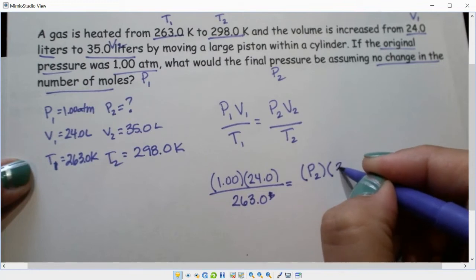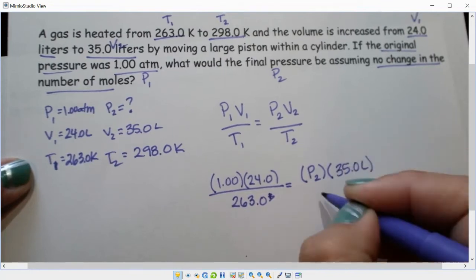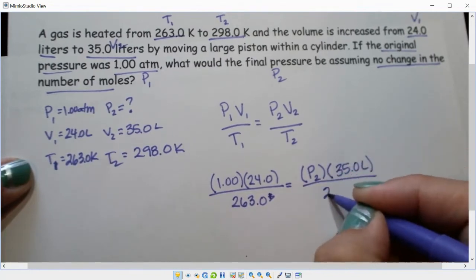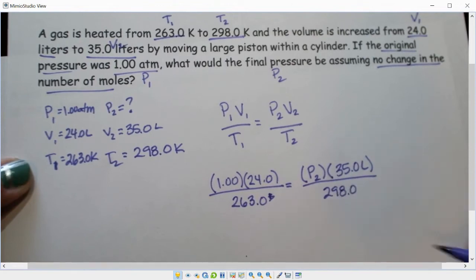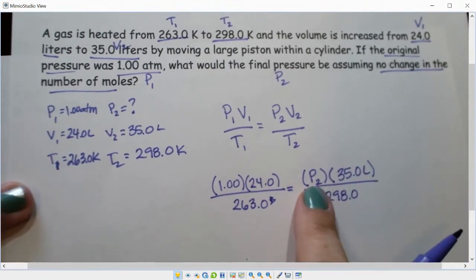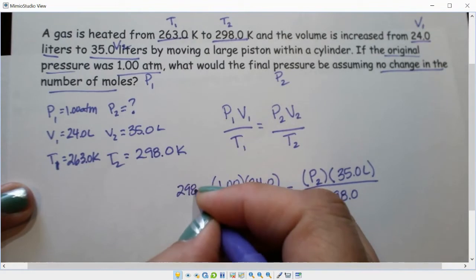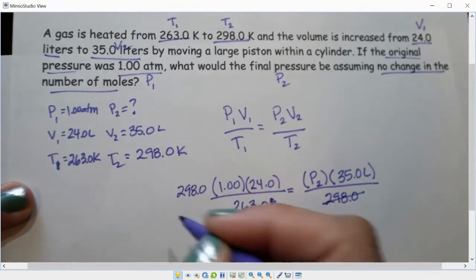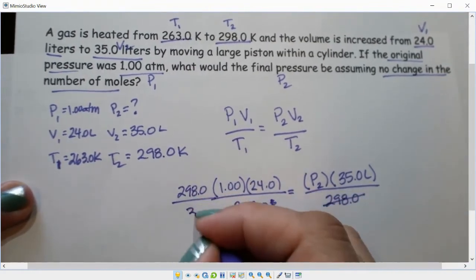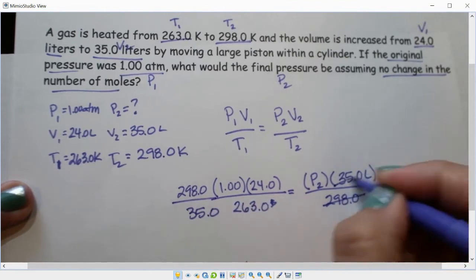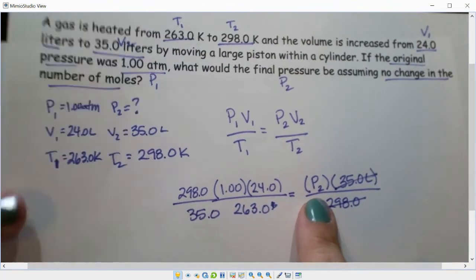V2 is 35 liters and T2 is 298 Kelvin. We're going to solve for P2, so we need to isolate that variable. To do that, we'll multiply both sides by 298, canceling here, and then we'll divide both sides by 35, canceling there, leaving P2 by itself.